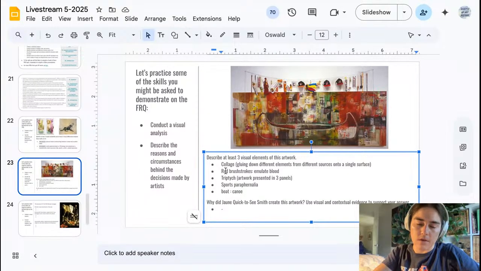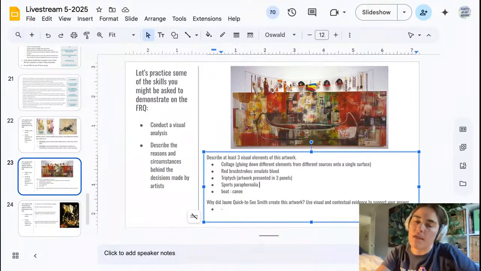Alrighty. So we discussed a couple of different visual elements of this work, right? And what is specific about the sports paraphernalia? Yes, so a lot of the sports paraphernalia features this imagery that basically commodifies Native Americans, right?